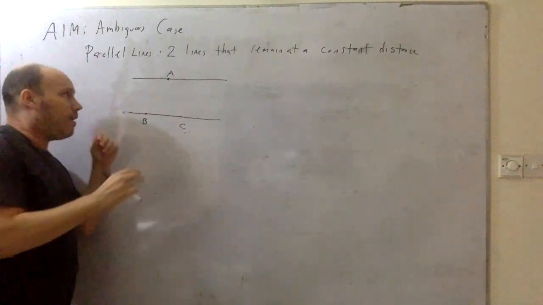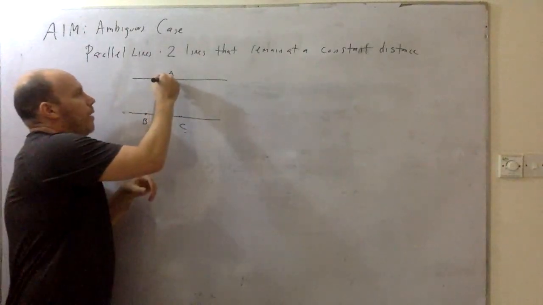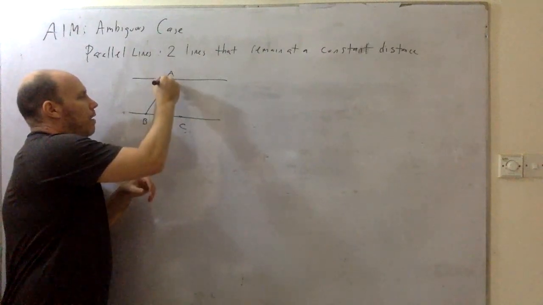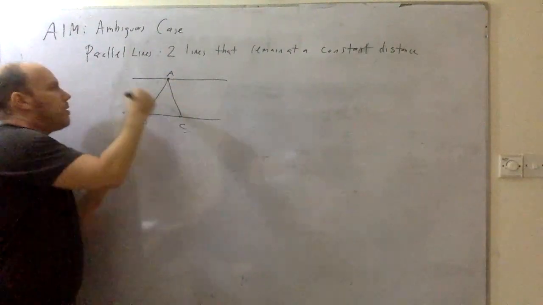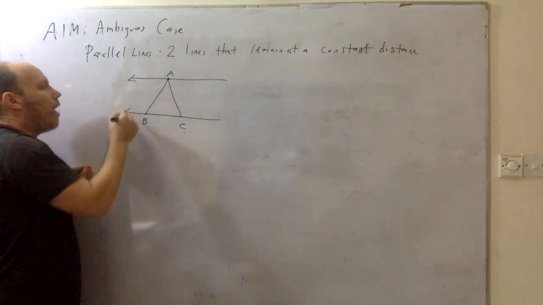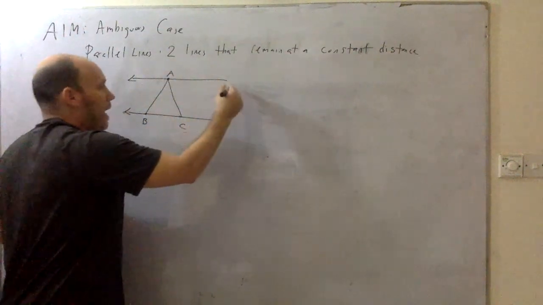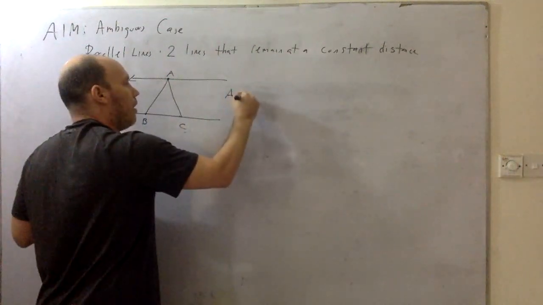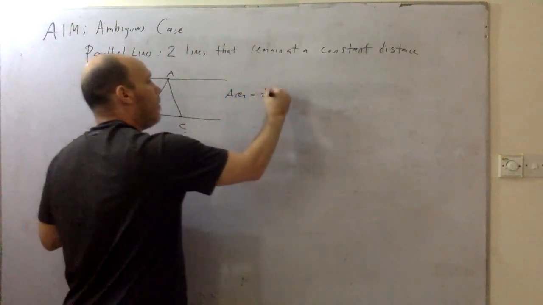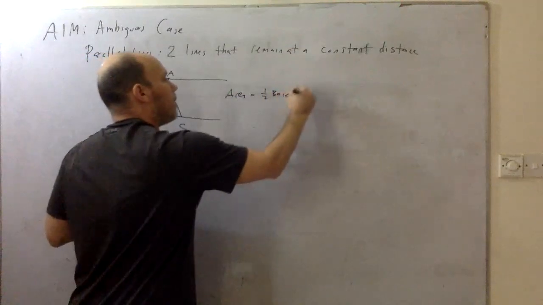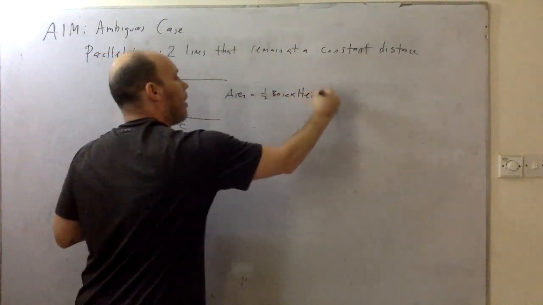And the idea is that we have the area here. Because we know these two lines are parallel, we know the area is 1/2 the base times the height, correct?